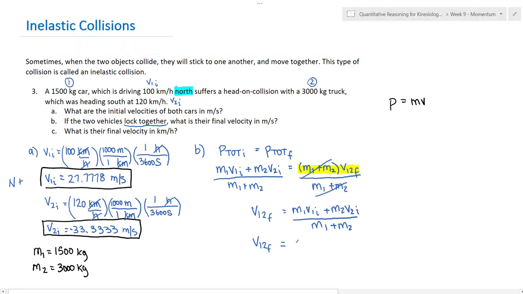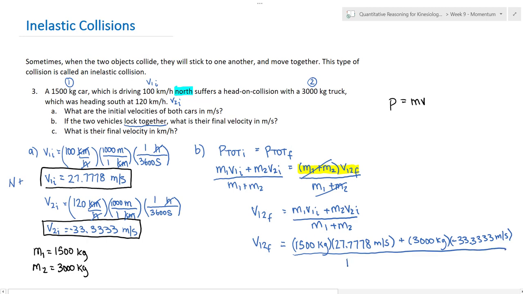All right, so we have M1, which is 1,500 kilograms, times V1 initial, which is 27.7778 meters per second, plus M2, which is 3,000 kilograms, times V2 initial, which is negative 33.3333 meters per second, divided by M1 plus M2.